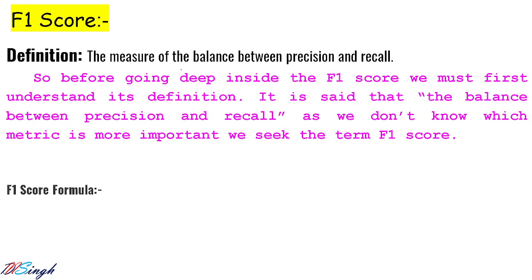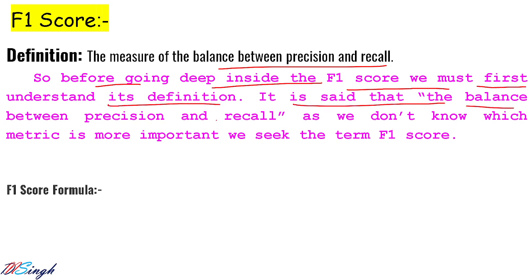F1 score: the measure of the balance between precision and recall. Because now you have two parameters, which one to take, there is a problem. So for that they have created a new parameter called F1 score, which measures the balance between precision and recall. Before going deep into the F1 score, we must first understand its definition.